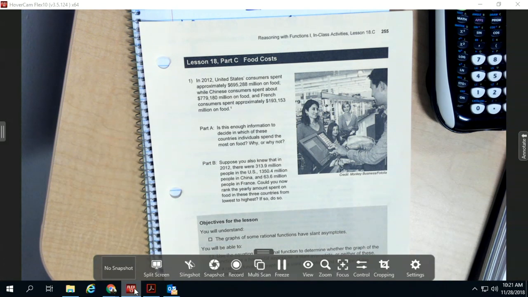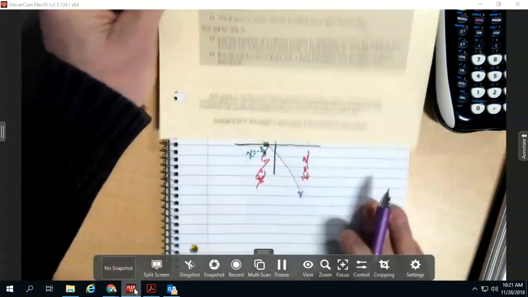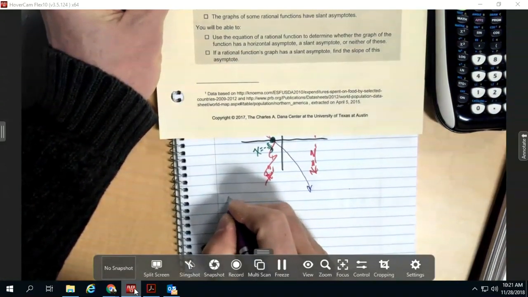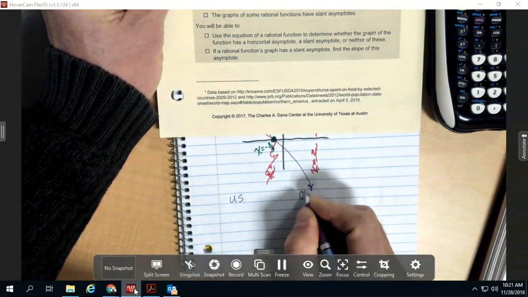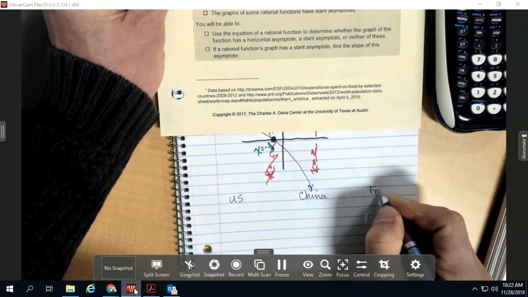So they say, here's the information on the people in each of those countries. So let's do the US, let's do China, and let's do France.